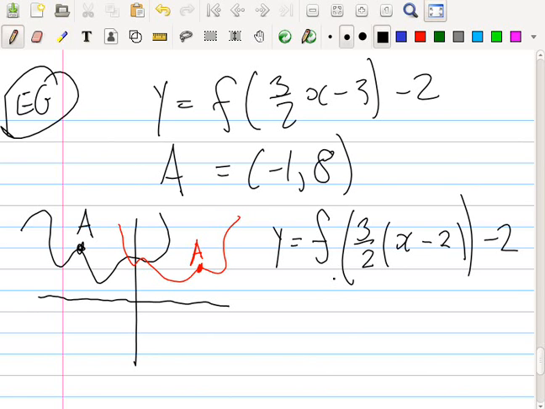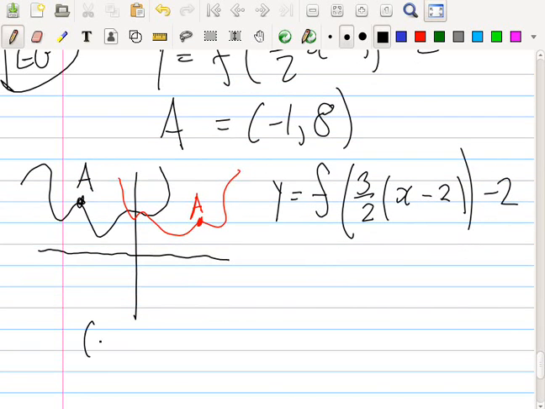Okay, so what do I do first? We start off at minus 1, 8, and then this gets moved 2 to the right, yes? So where will it end up? 1, 8. And then what does this do? It compresses, doesn't it? Compresses by how much? 3 over 2, 1.5.